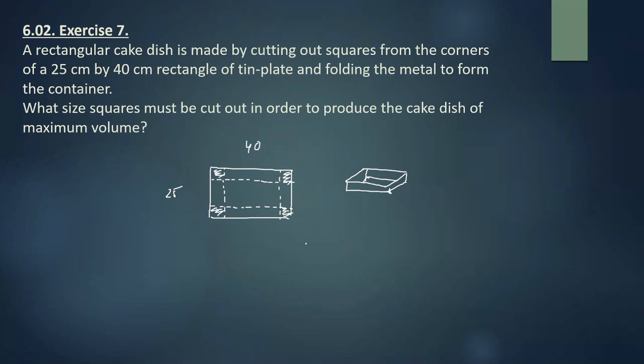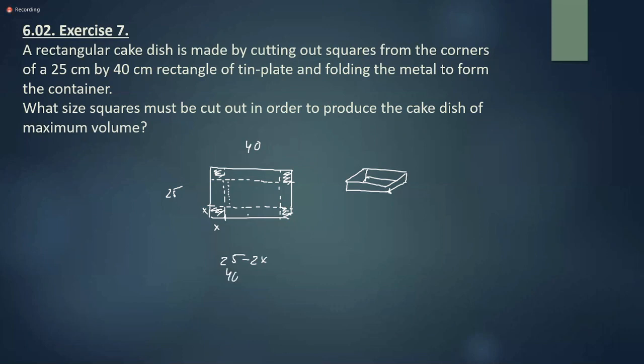So then we would see, okay, let's say x is evidently the side of each square. That means the width would be 25 minus 2x. Then the length would be 40, again minus 2x.